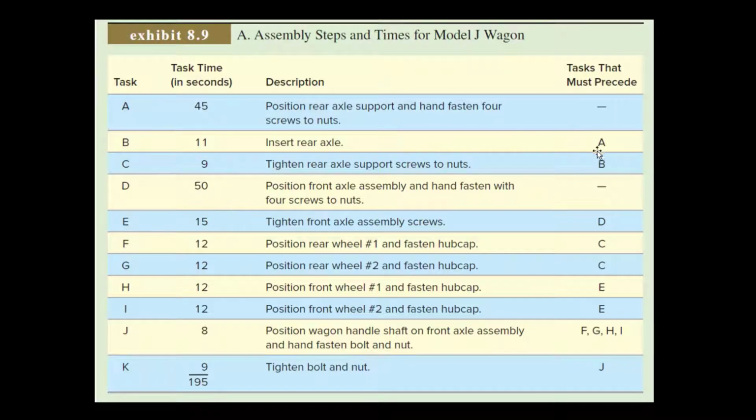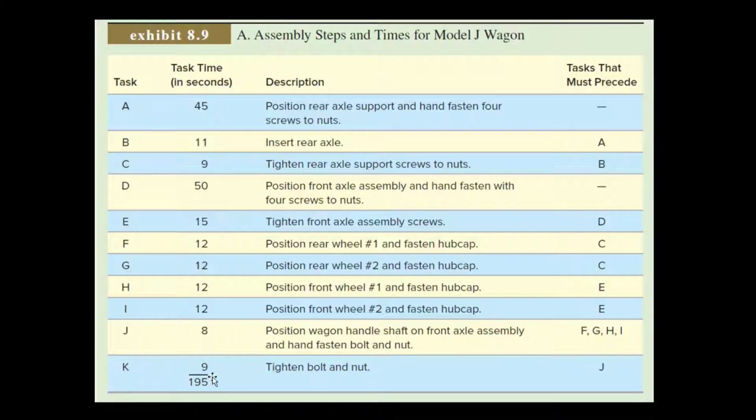Task B requires 11 seconds and it can be done only after task A is done. Task C takes 9 seconds and it can be done only after task B is done. Likewise, other tasks are mentioned and their precedence requirement is also mentioned. Task J takes 8 seconds and is done only after F, G, H and I are completed.